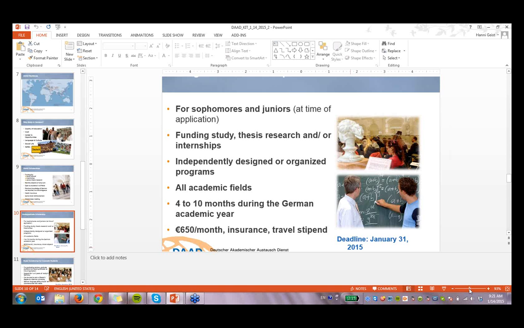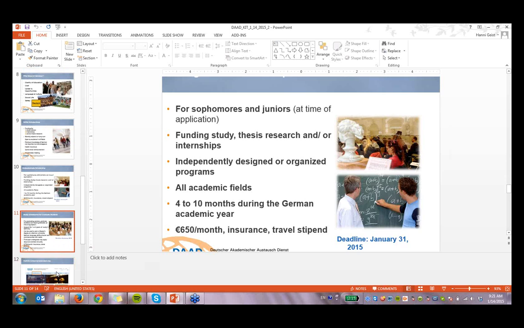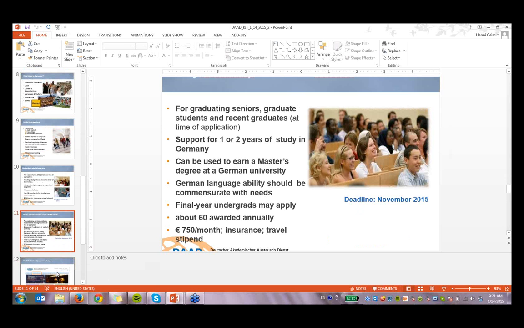Currently, the exchange rate changed a little bit, but I would say it's about $750 a month, which is good for Germany. So you can get really far with 750 euros. Most German students, in fact, do not have a lot more a month than that.